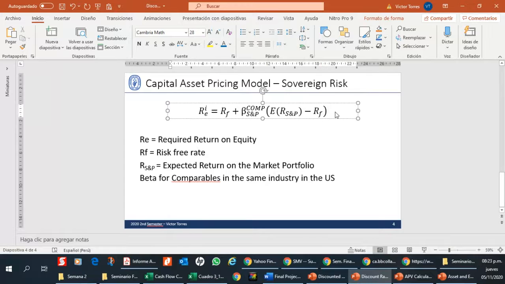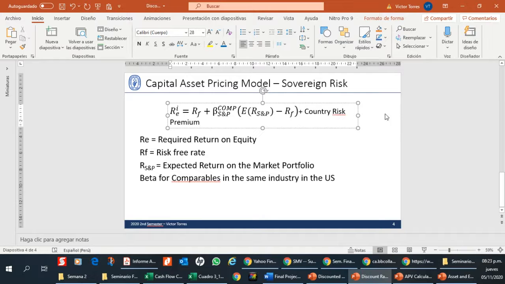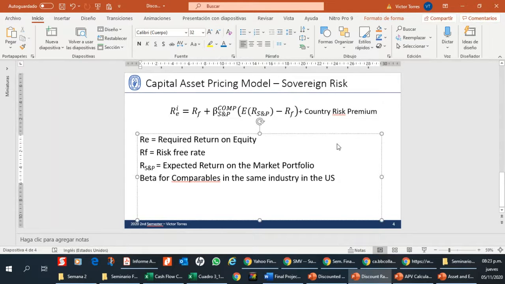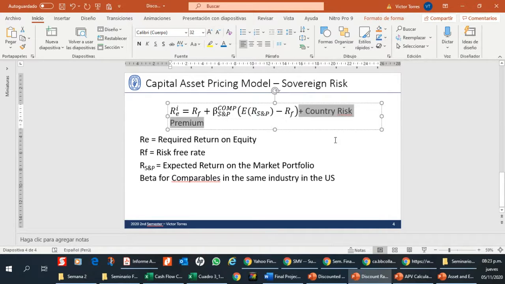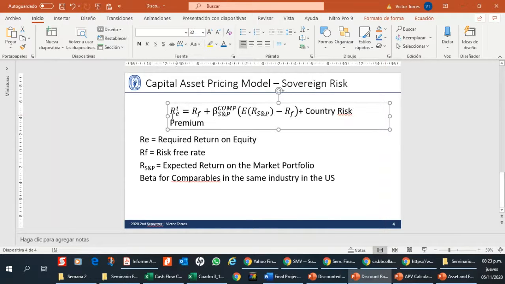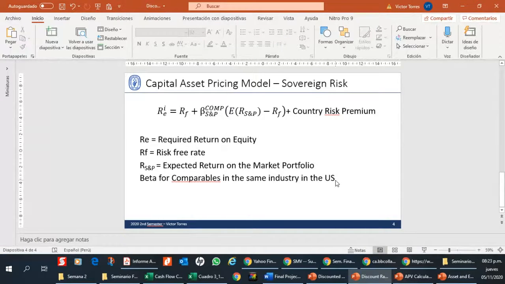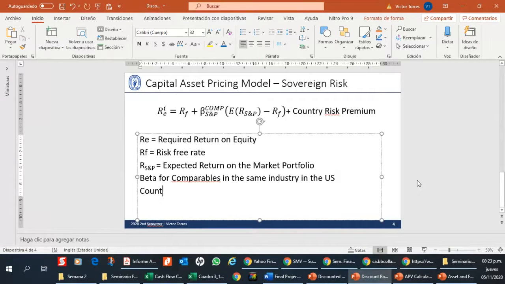If I want to consider this information for Peru, I need to add the sovereign risk. And we're going to add a country risk premium. We're going to touch base on how to come up with that later on. But you probably have heard that usually what is added is the emerging market bond index spread, the EMBI. So that country risk premium that I'm going to be mentioning here is usually estimated with a spread.